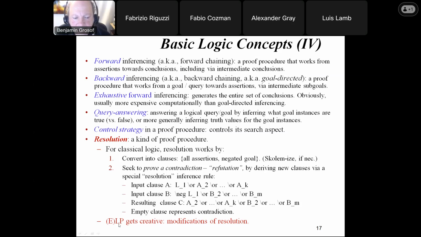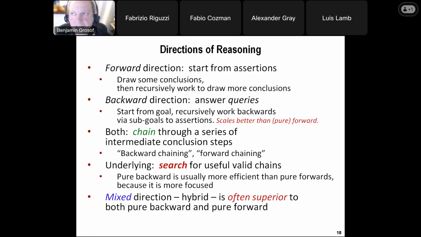Whereas LP and extensions thereof get creative and modify this kind of resolution. As I mentioned earlier, it steps back from trying to prove things by contradiction because that is perfectly brittle. So in terms of directions of reasoning, for forward, you're recursively working to draw more conclusions after you've drawn some conclusions.